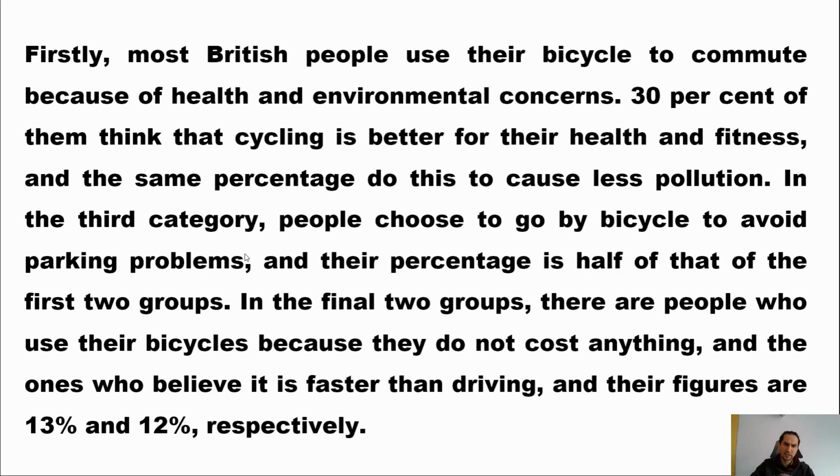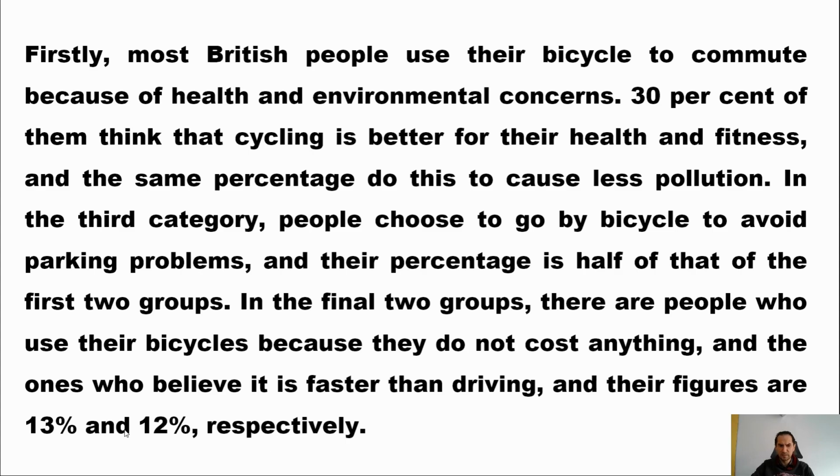In the third category, people choose to go by bicycle to avoid parking problems, right? And their percentage is half of that of the first two groups. So the number was 30, here is 15. In the final groups, there are people who use their bicycles because they do not cost anything, and the ones who believe it is faster than driving, and their figures are 13 and 12 respectively.